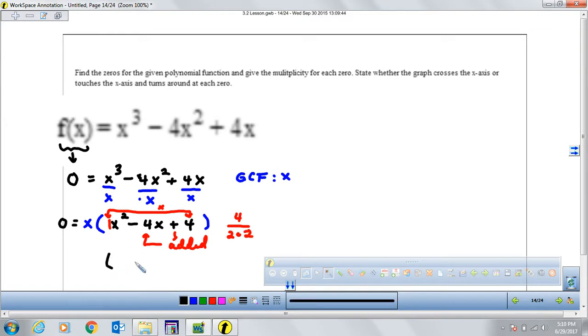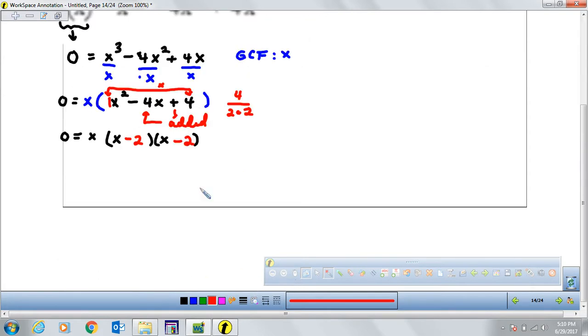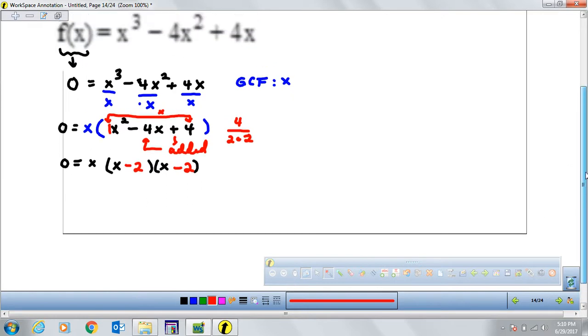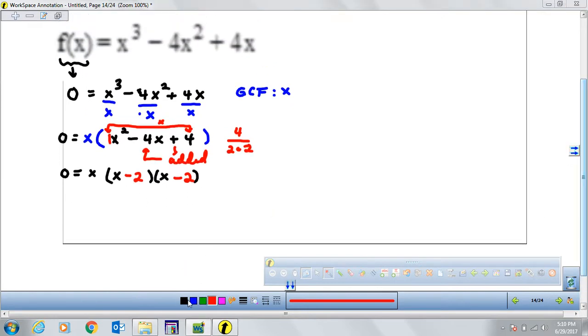So we open two parentheses, put x and x in each parenthesis, and then minus 2 and minus 2. Now, if we take a look at these factors, we can realize that the same factor is being repeated 2 times. So we can write it like this.